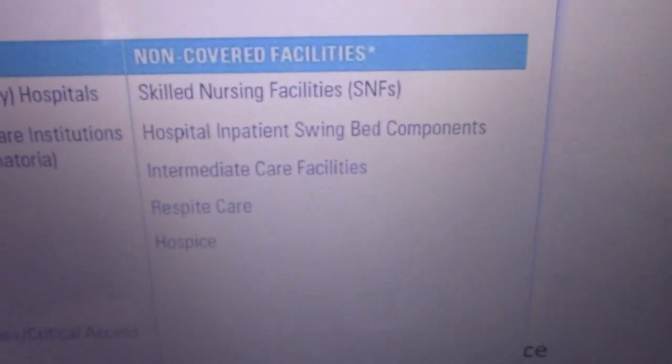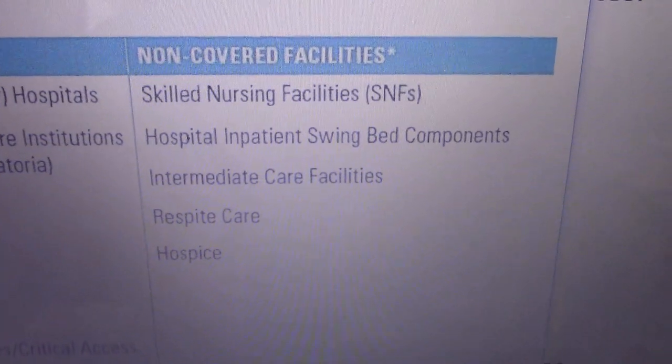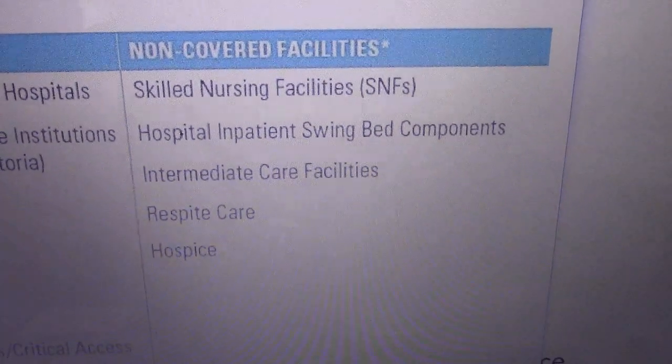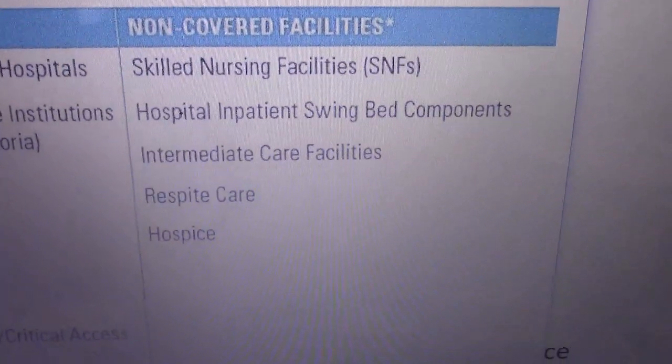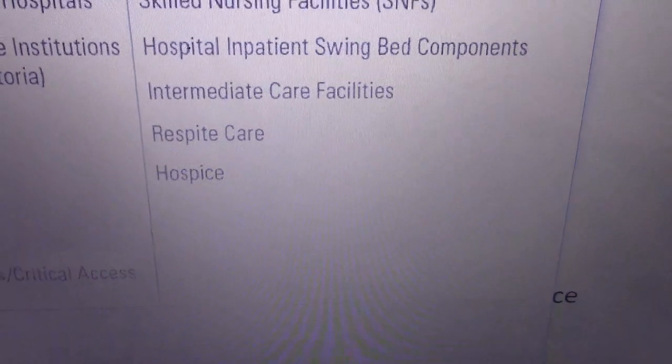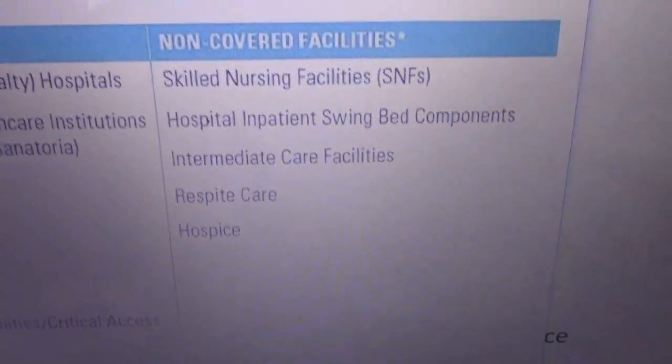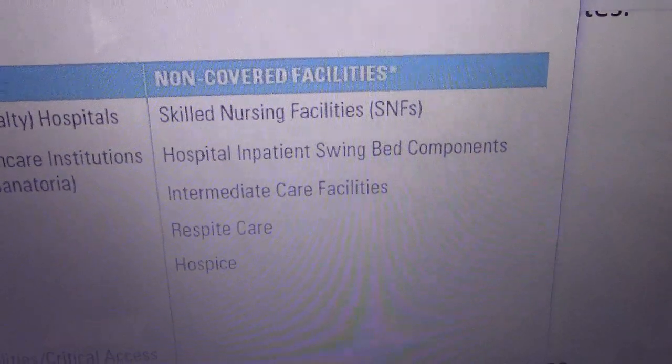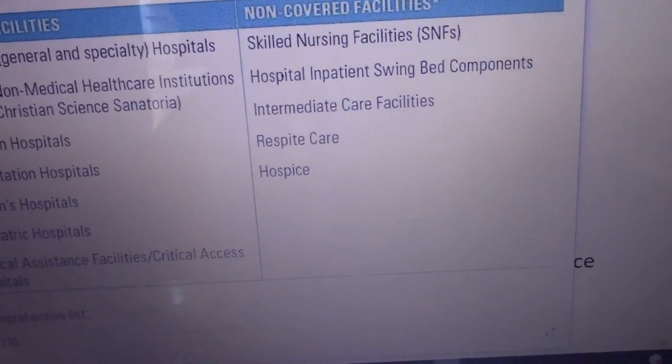Now, non-covered facilities include skilled nursing facilities, hospital inpatient swing bed components, intermediate care facilities, respite care, and hospice. These are non-covered facilities. All right, continuing.